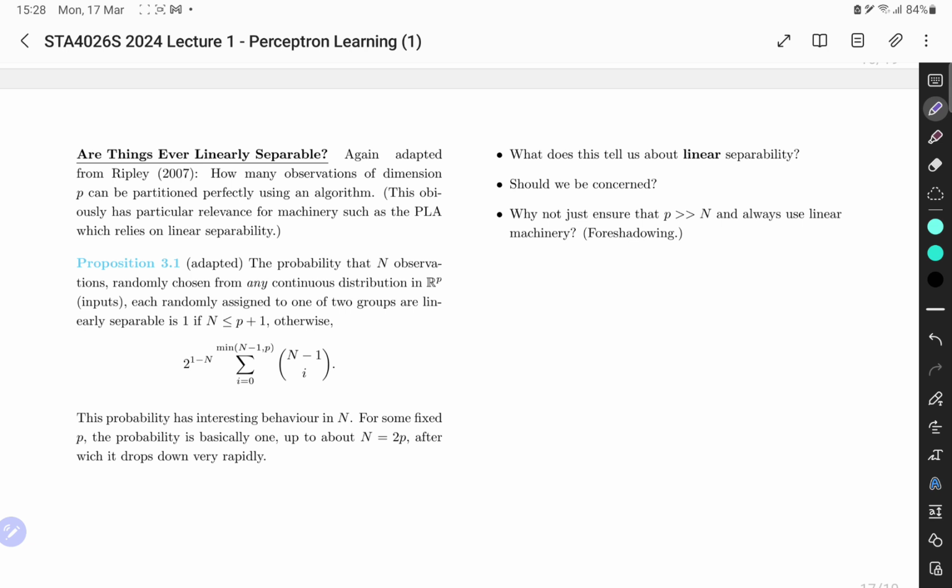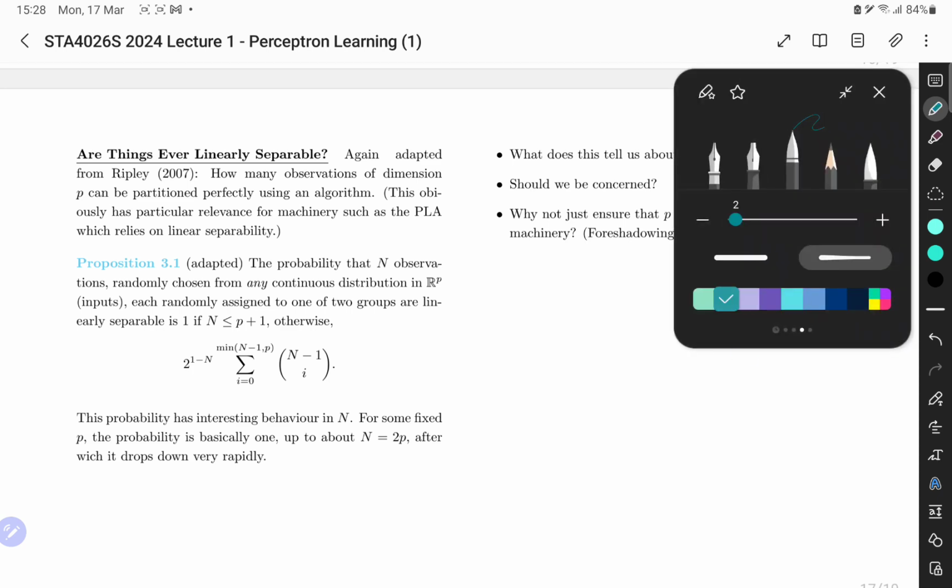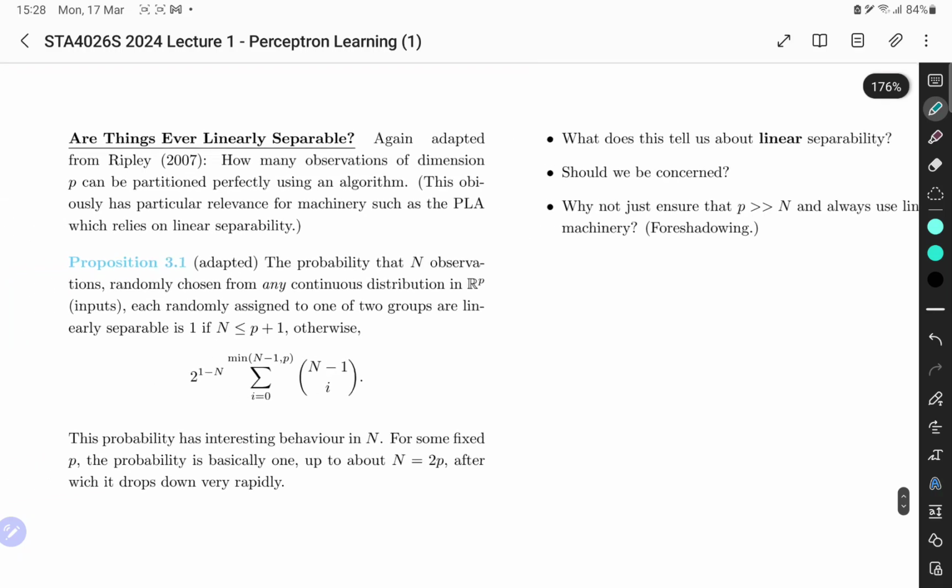This is that probability of being linearly separable as a function of n, the number of observations you have, and the number of input dimensions you have. For our example, we've got 100 input dimensions. Yeah, our input size is 100.